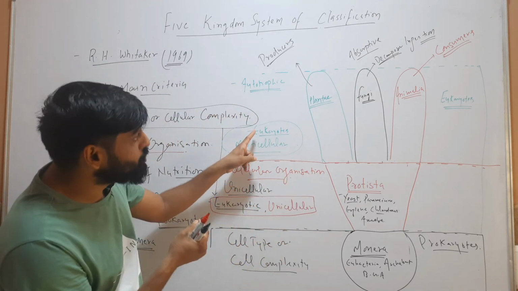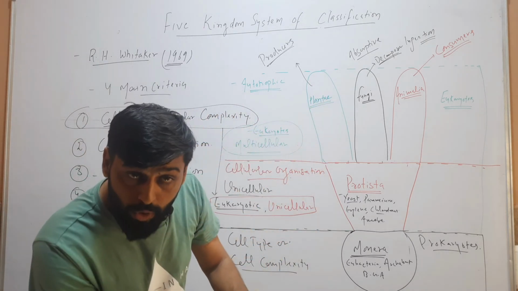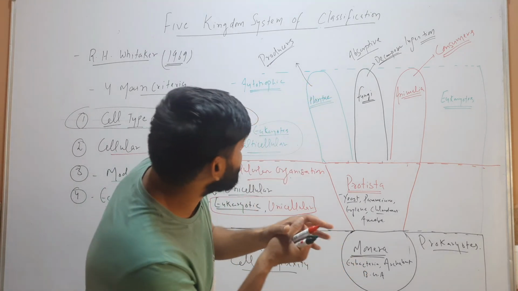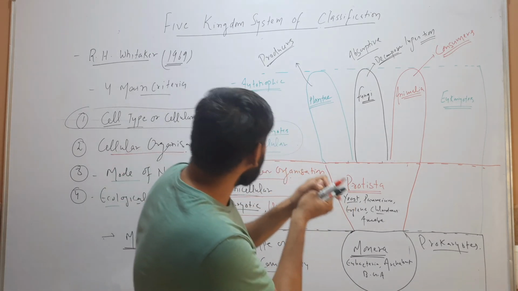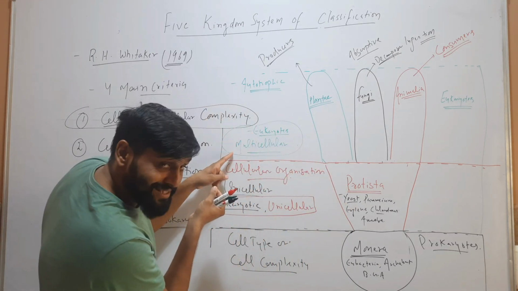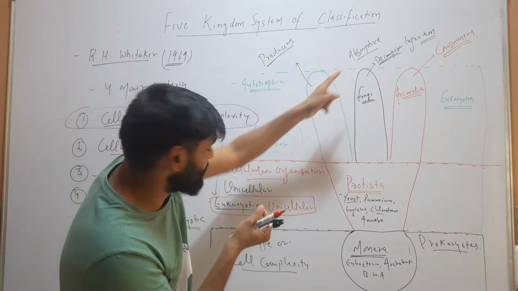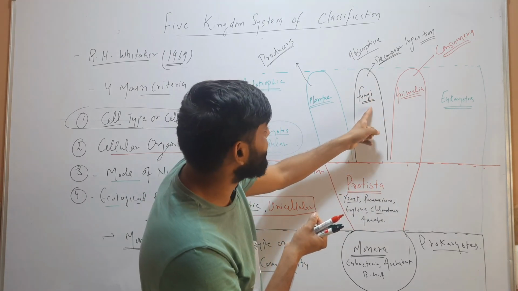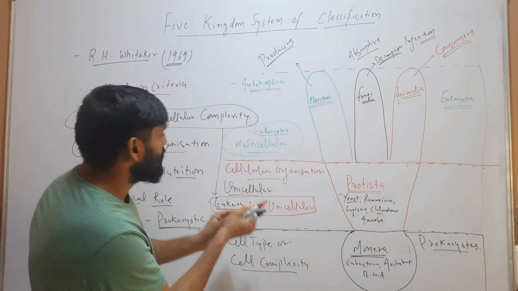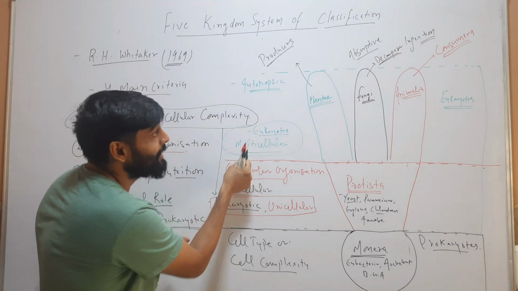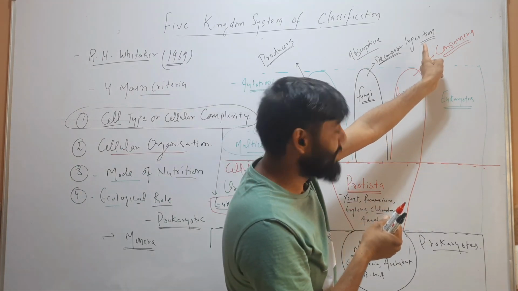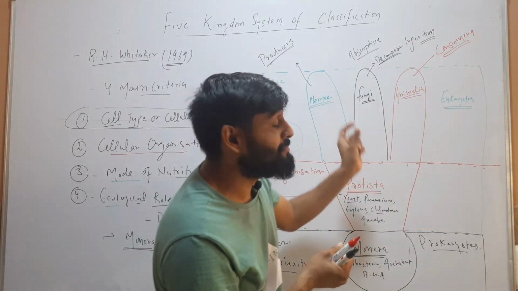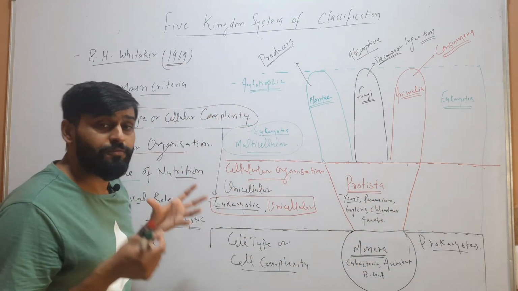All the multicellular eukaryotes which have autotrophic mode of nutrition and are producers were kept in kingdom plantae. All the organisms which are eukaryotic, multicellular, and have absorptive mode of nutrition and are decomposers are kept under kingdom fungi. All the organisms which are eukaryotic, multicellular, and have ingestion type of nutrition and are consumers were kept in kingdom animalia. So this is the 5 kingdom system of classification.